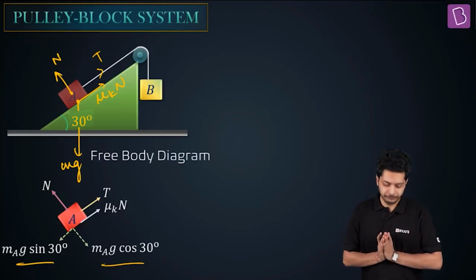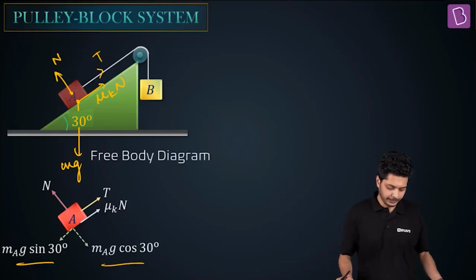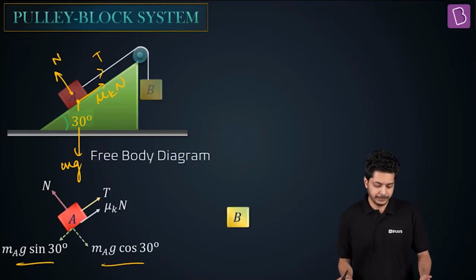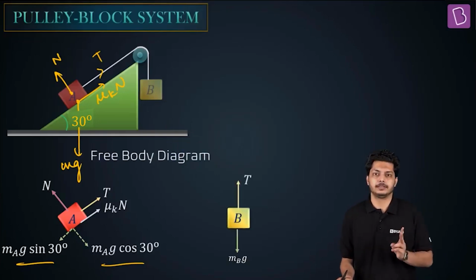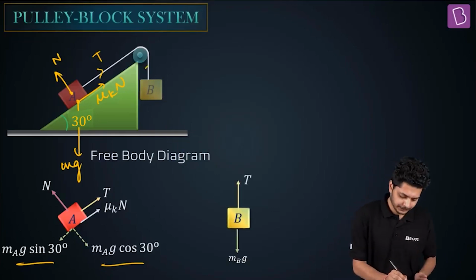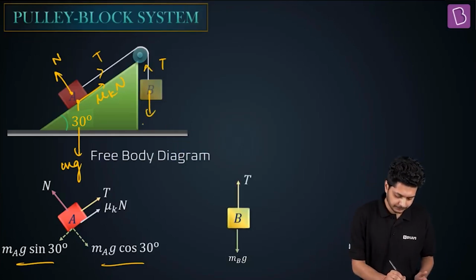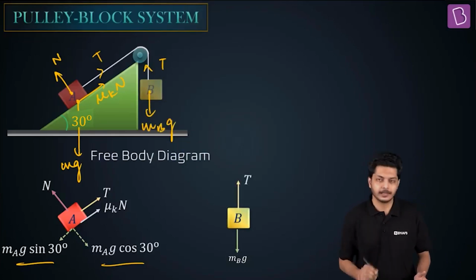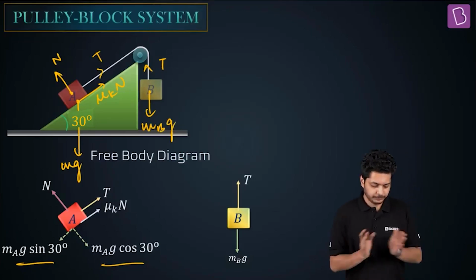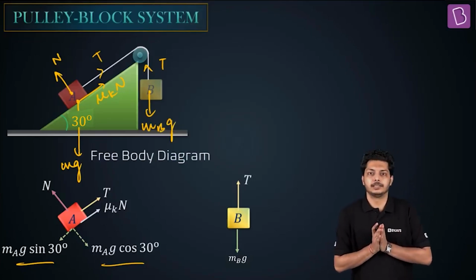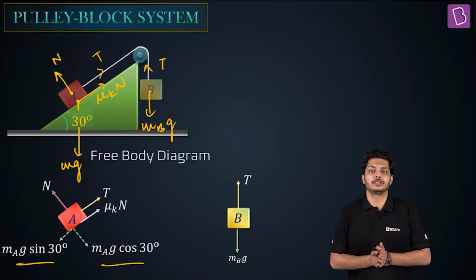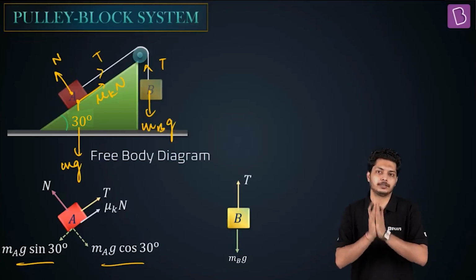We have drawn the free body diagram of block A. Moving on to block B, two forces: one, tension, which has been applied by the rope, and another, mBg. So we have to balance the forces. Why? Because net force is zero on both the blocks.